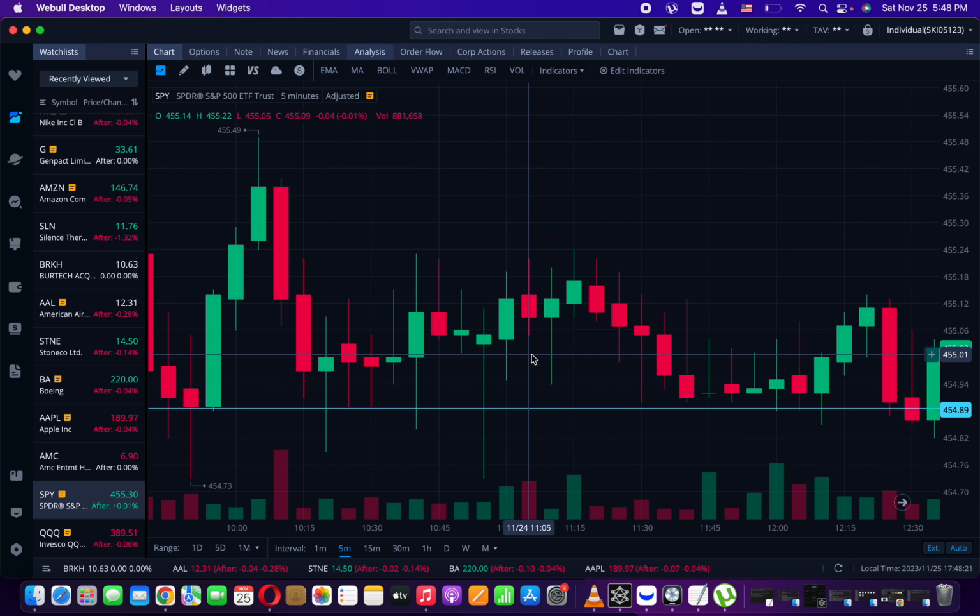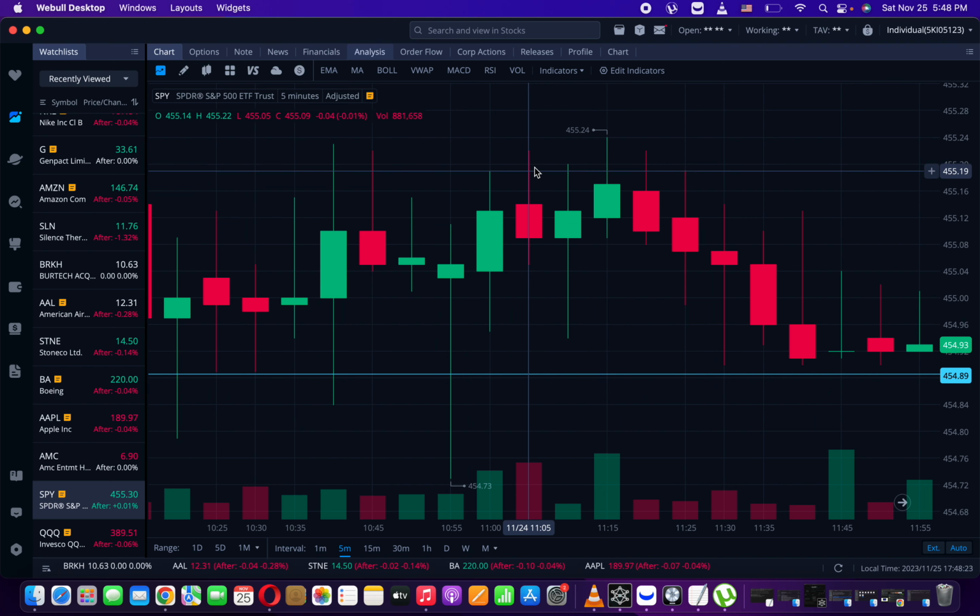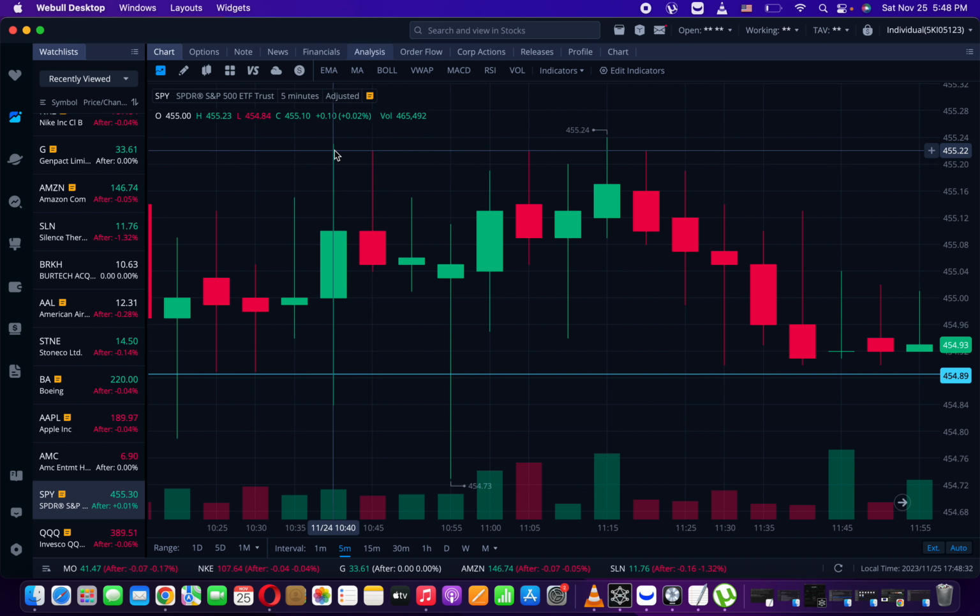So my guesstimate here is that there are no limit buy orders in this range, but the higher volume would indicate that there are a lot of passive sellers in this range up here.